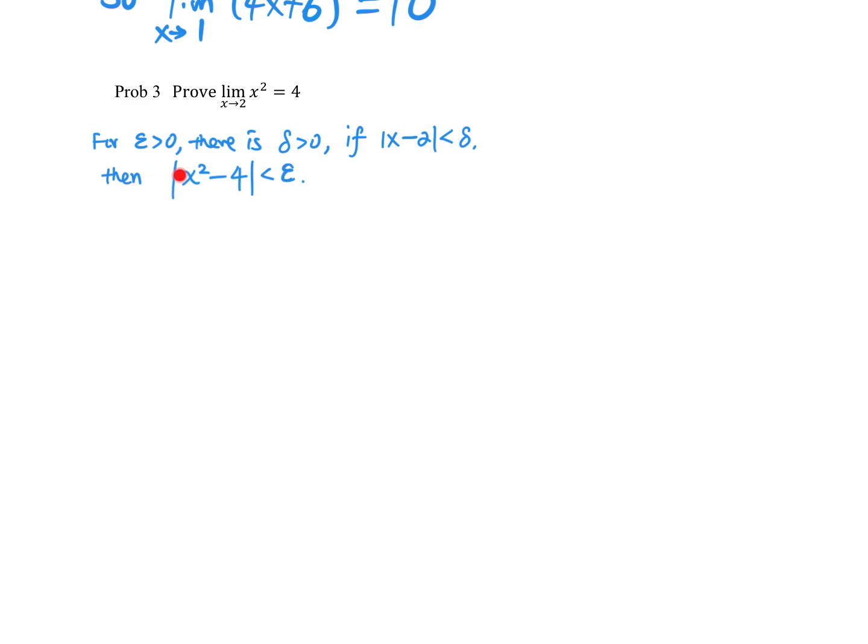So this is basically what you really want to prove, okay?